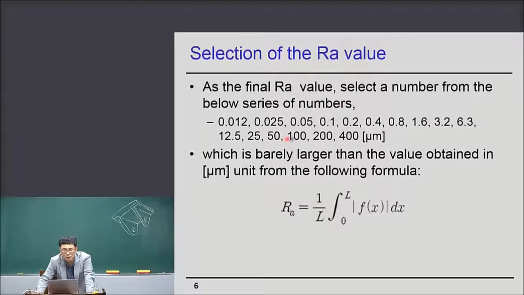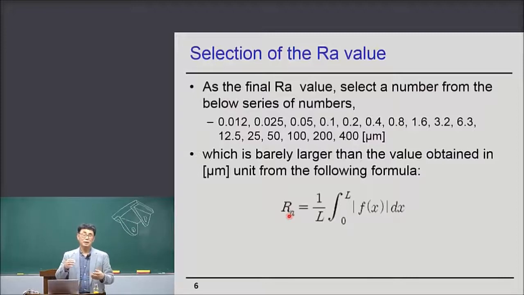Only these numbers, which is barely larger than the value obtained in micron unit from the following formula. So it means that from the plane which you'd like to measure the surface roughness within the length L, you can get many Ra values from the equation like this.